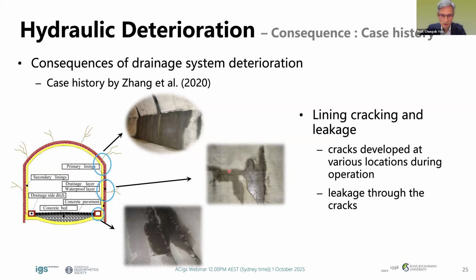So this illustrates how important it is to consider the hydraulic deterioration of a drainage system. This is probably the most common problem in terms of operation and maintenance for conventional tunnels.